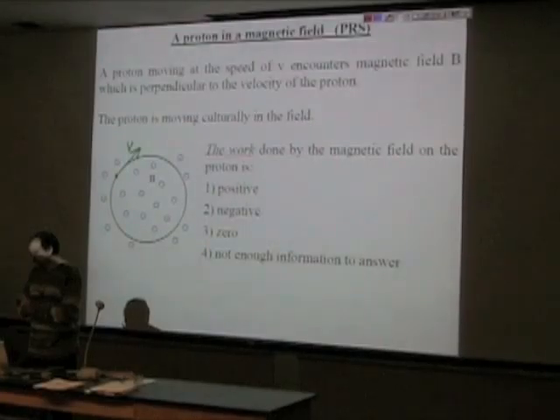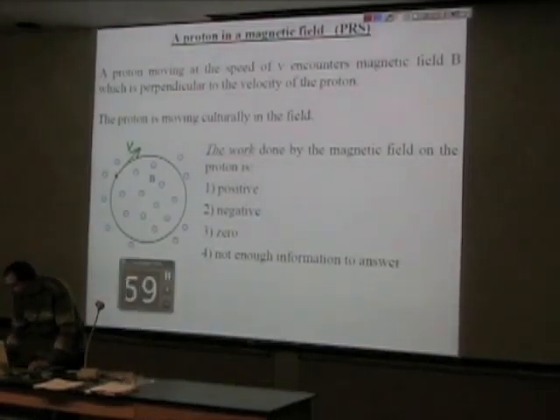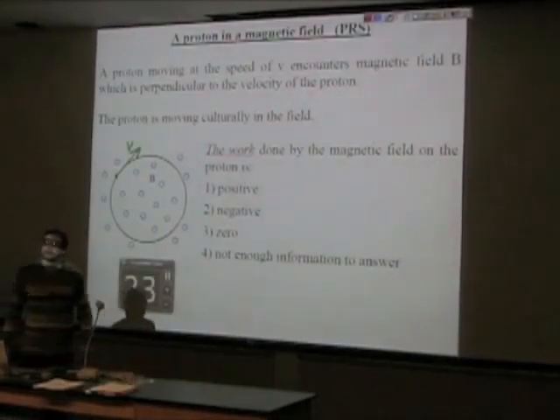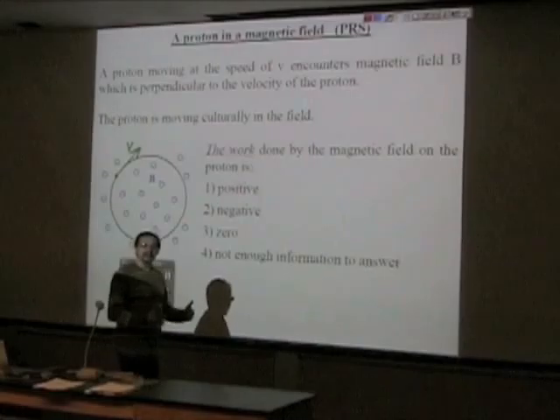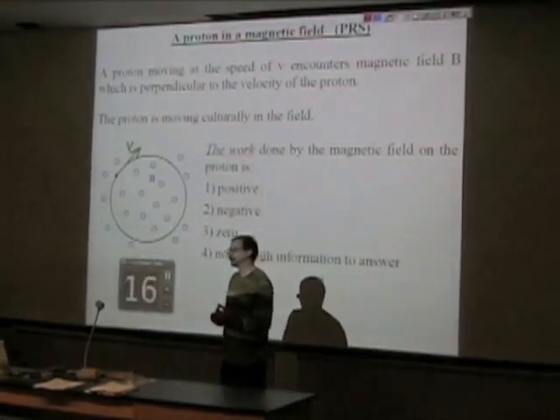The work done by the magnetic field on the proton traveling in the magnetic field is... not 60. No. You had exactly the same question on a pre-session quiz. So it's a really good question.